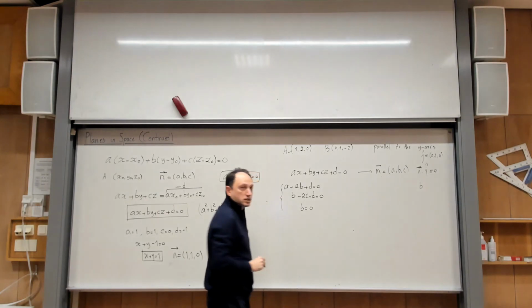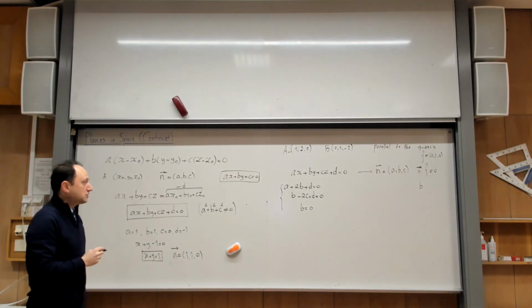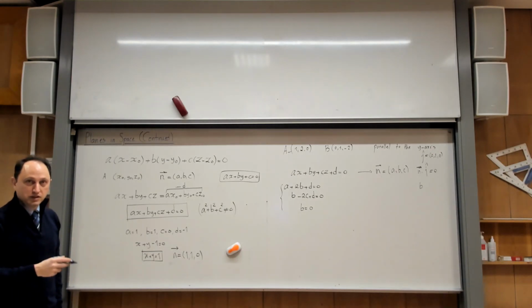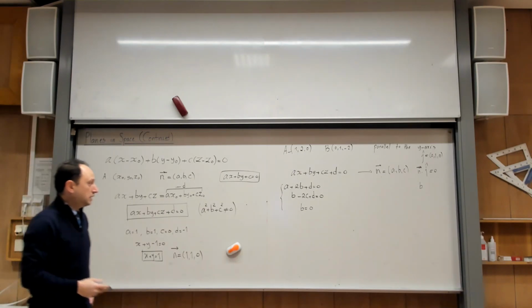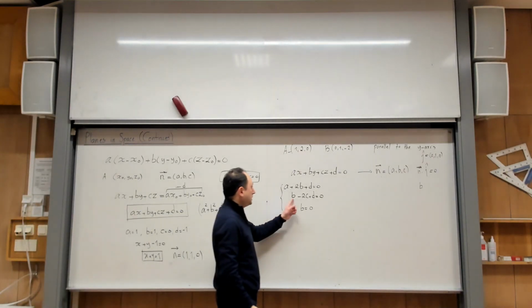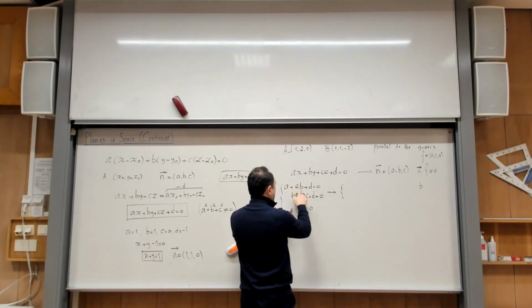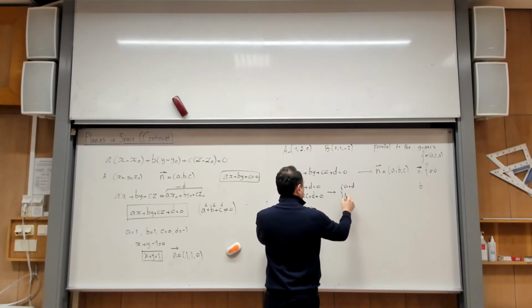So I get this system. But this system apparently is not enough because I have 4 unknowns, A, B, C, and D, but only 3 equations. I can simplify this by putting B equals 0 here and there, so this becomes A plus D, and then this becomes B plus D.